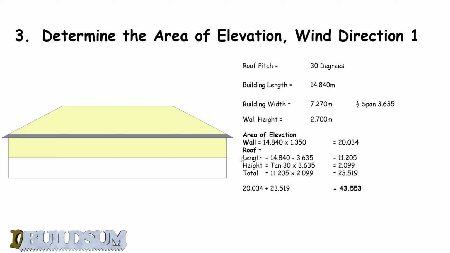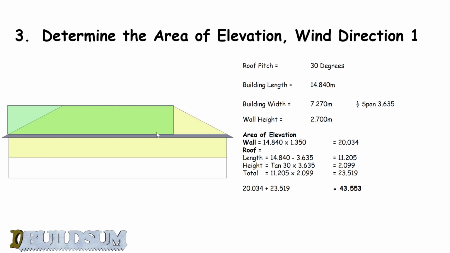To work out the roof, instead of trying to work out these separately, I'm basically going to cut this triangle off and stick it on over here and make this one rectangle. So this length here is the length of the roof minus the half span of the building, which gives us 11.205.